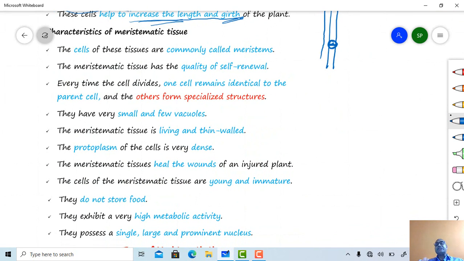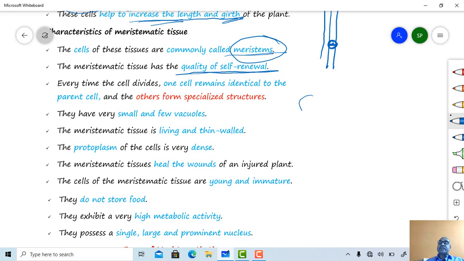So see, what are the characteristics of the meristematic tissue? These cells are generally called meristems. The cells of this tissue are commonly called meristem tissues. So meristem is that part of the plant which contains the meristematic cells. Meristematic tissue has a quality of self-renewal.